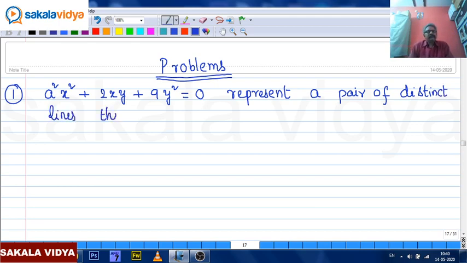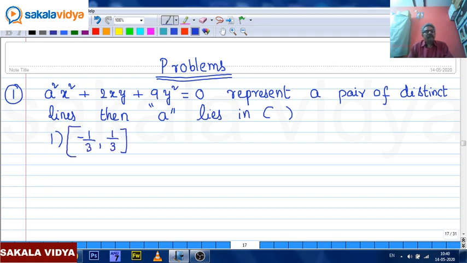Then A lies in, that means in which interval does A lie? First option: minus 1 by 3 comma 1 by 3 closed. Closed means minus 1 by 3 included, 1 by 3 included.